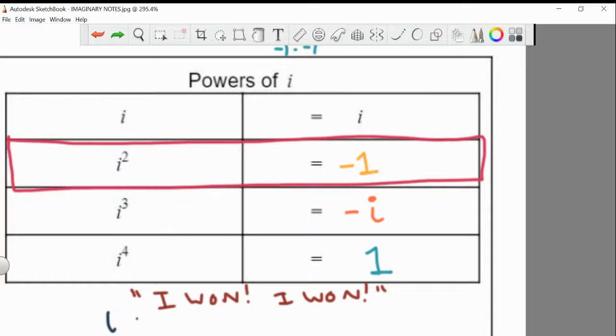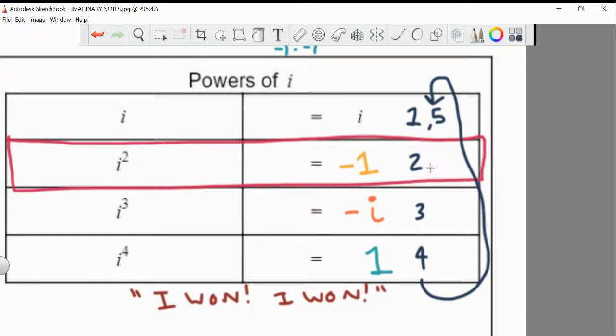And what's going on here is that the way this works is you count, this is i to the power of 1, 2, 3, 4. And then once you get here, it just resets and goes back to here. And so this would be i to the power of 5, i to the power of 6, i to the power of 7, i to the power of 8, and then it just resets.